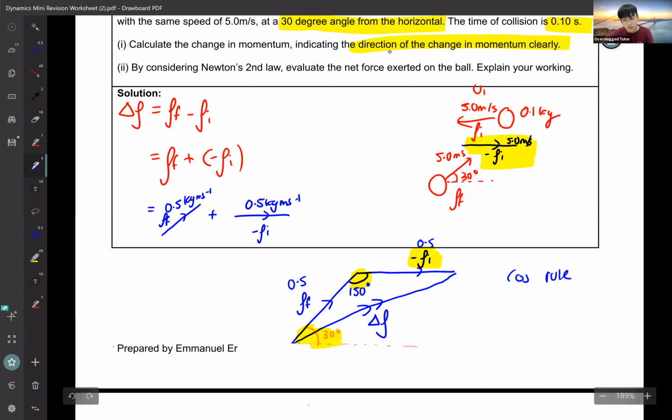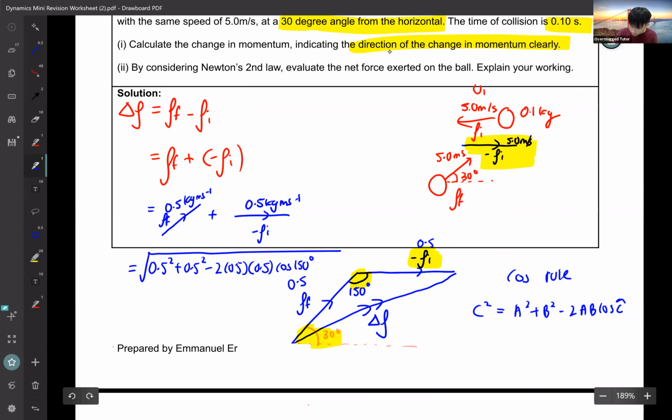The cosine rule goes this way: c squared is a squared plus b squared minus 2ab cosine C. So you plug this formula in, and if you want to find the change in momentum, it's 0.5 squared plus 0.5 squared minus 2 times 0.5 times 0.5 times cosine of 150 degrees, and you square root the whole thing, because you don't want c squared, you want c, which is the change in momentum. So you plug this in. Give me a sec, I'll pull out my calculator, and then you can get the change in momentum.